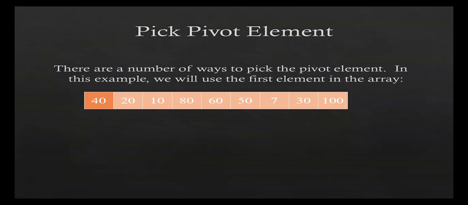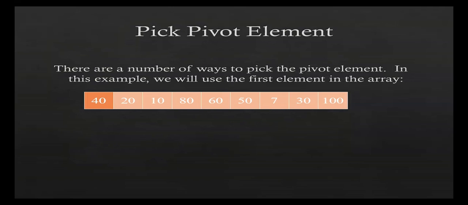So we can choose any pivot element. And what is the best way to choose the pivot element? We will learn later, because the performance actually depends on choosing the appropriate pivot element.